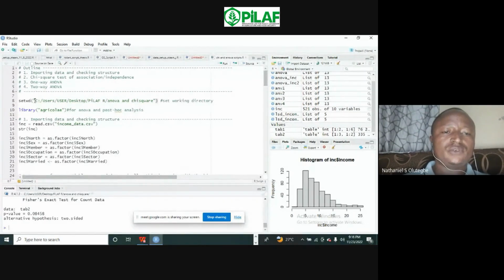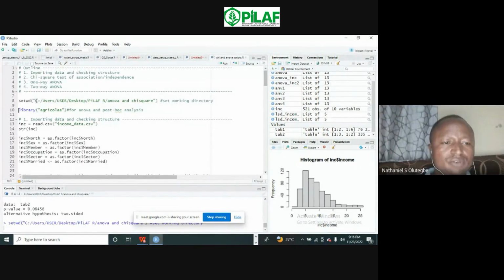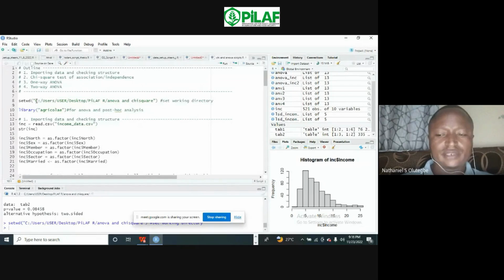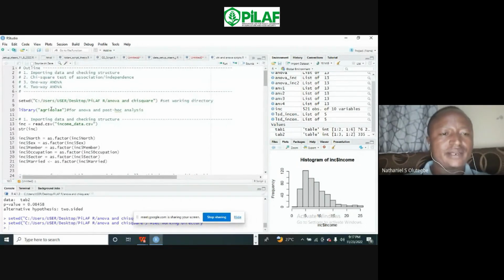To start with, the first thing we do is set our working directory. I expect every one of us to already have the script with us. We set our working directory to be sure that we are working on the folder that we actually intend to use for this analysis, in which case all our work and every activity done here goes into that directory. From my end here, I've just done mine.